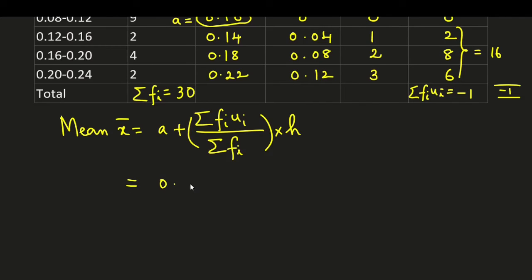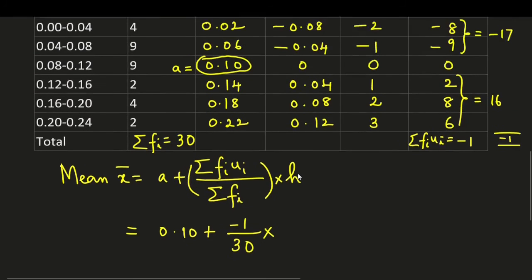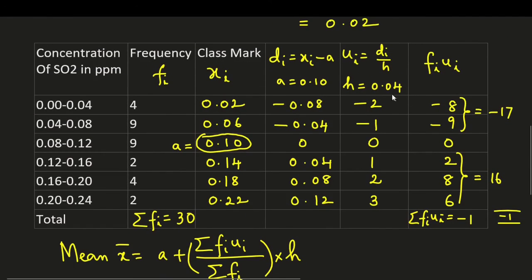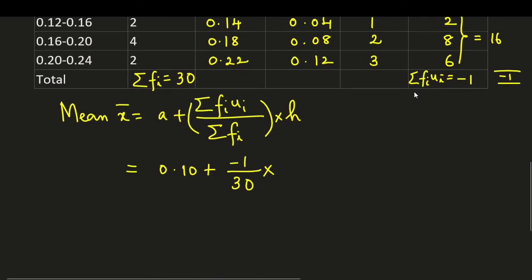A is 0.10 plus sigma Fi ui is minus 1 by sigma Fi is 30 into h value we have taken, 0.04. So we get 0.04 into minus 1.